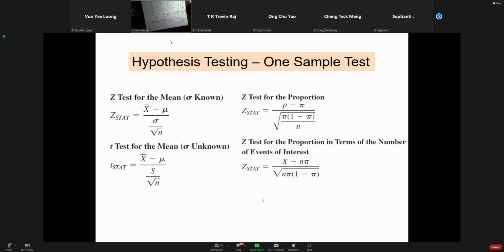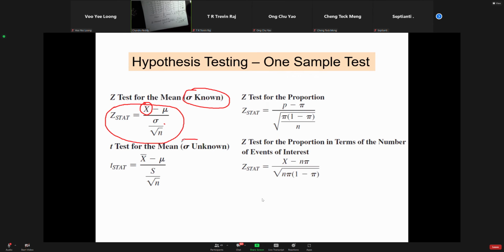When we know the population standard deviation, when sigma is known, then we use the Z-stat. If we are dealing with the sampling distribution of the sample mean, then we have to use the central limit theorem. So for standard error, instead of sigma, we use sigma over square root of n.